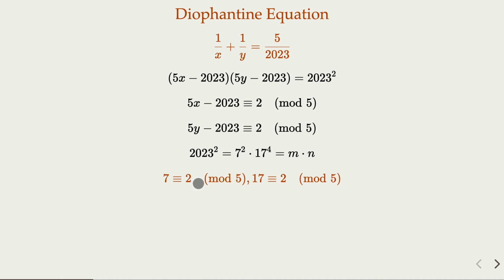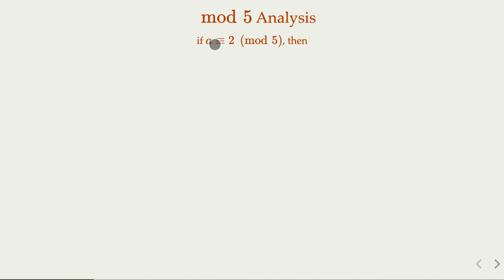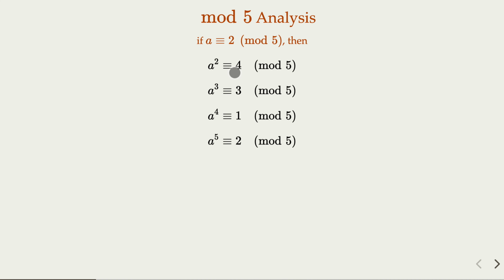Let's do further analysis on the mod 5. For a number that is 2 mod 5, if you square it, right? If a is a number 2 mod 5, that is, divided by 5 the remainder is 2, then when you square it, it becomes 4 mod 5. If it's cubed further, it's going to be 3 mod 5 and then 1, and then if you do the fifth power, it's 2 mod 5 again.